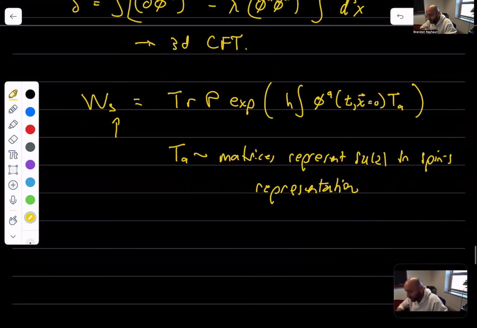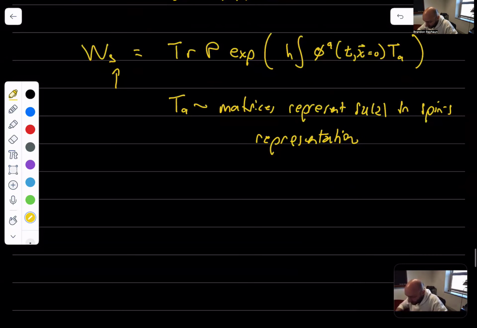And you could ask, what does this Wilson line flow to in the IR? This isn't the most convenient description of this line operator. It turns out it's useful to pass to a different description, which is the following.